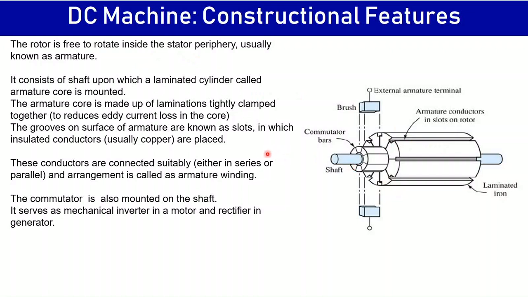Also, these conductors which are placed in the slots, as we have already discussed, are connected in a series and parallel manner to make what we call the armature winding. On this shaft, the commutator is also installed, and in a motor, it acts like a mechanical inverter, whereas it acts like a rectifier in a generator.